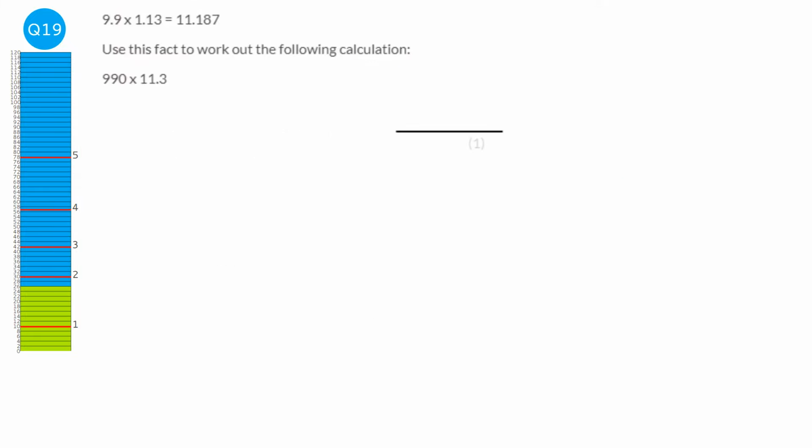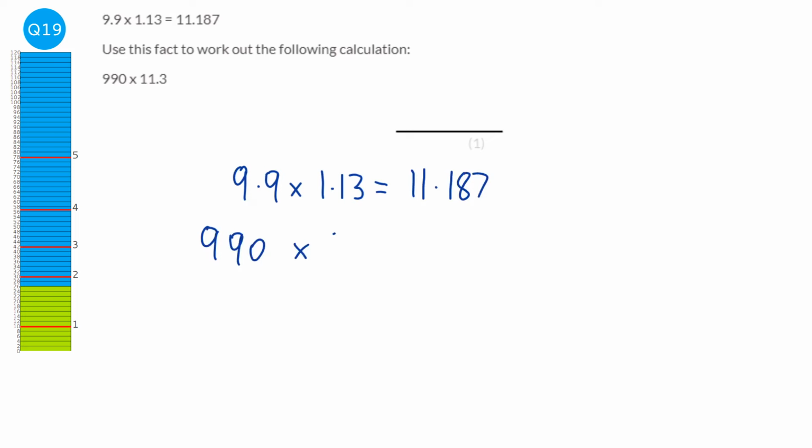So I'm going to write the fact and the question kind of one on top of the other so we can see what's going on. So we're going to write the question underneath. Now you'll notice that the question is very similar to the fact. And in fact, we can see that all we've done here is we've times that by 100.